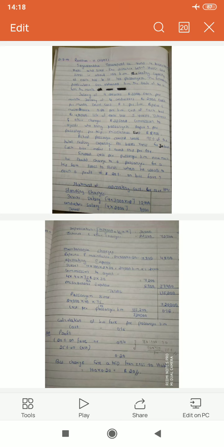Now, as usual, let us concentrate upon which are the standing charges or fixed costs and which are the maintenance charges, and further which are the operating costs or running charges.